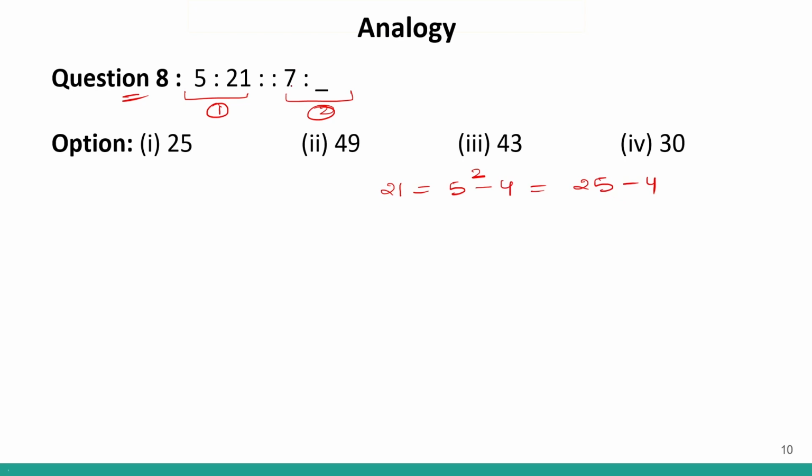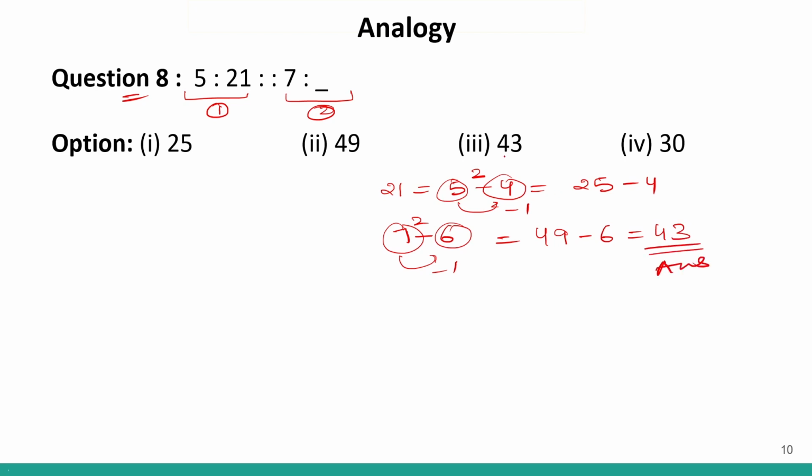So can I use the same logic for 7? 7 square minus 6, because this was minus 4, correct? So the relationship between 5 and 4 is minus 1. So between 7 and 6 it will also be minus 1. So 7 square minus 6, 49 minus 6 will be 43. This will be my answer, which is given in option number 3. So option number 3 will be the correct answer to this question.